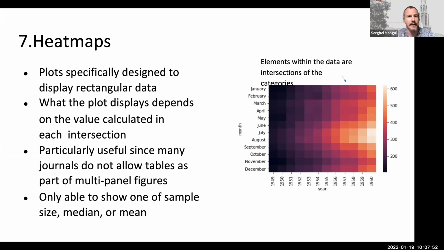You can imagine having a table but wanting to be more concise and more visually appealing, and make a heat map. It is only able to show one thing, like median, mean or sample size, similar to a line plot. You can show count or any summary statistic, but one thing.